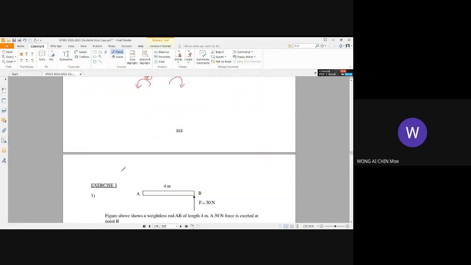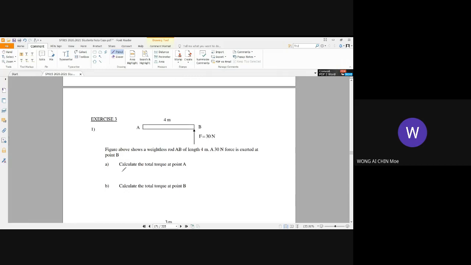Okay, next we go to exercise. Here we have point A and point B with the length 4 meter. Force acting on point B is 30 Newton. The first one, calculate the torque at point A. So point A is our star, this is our pivot point or the reference point.